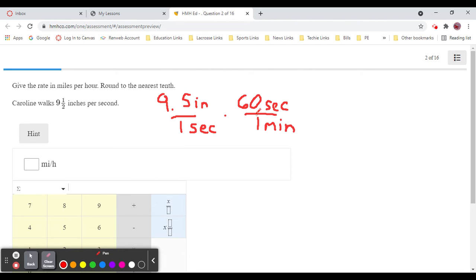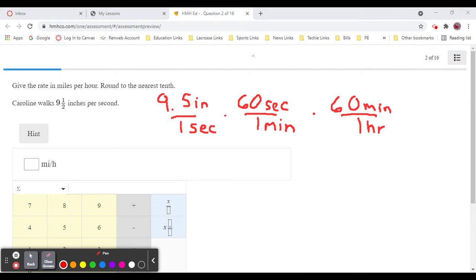And then there are 60 minutes in 1 hour. If I do all this, it's going to give me how many inches I'm going to walk in 1 hour. So essentially, I need to just multiply across and cancel.